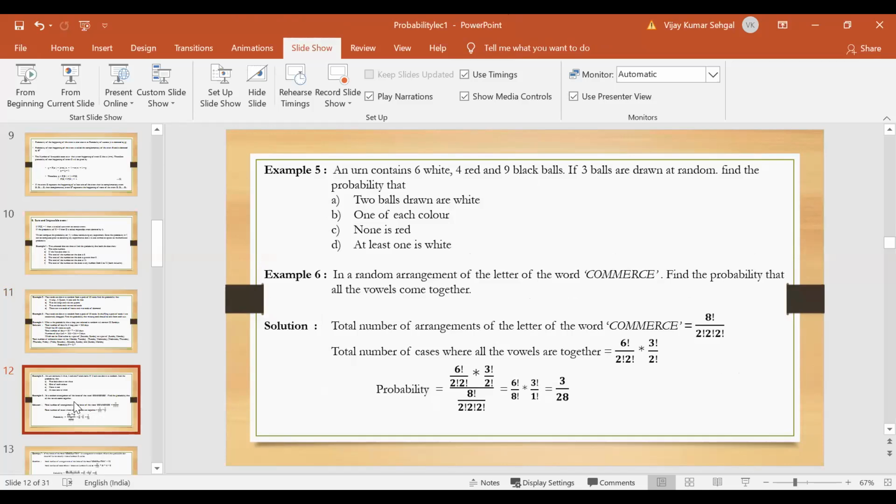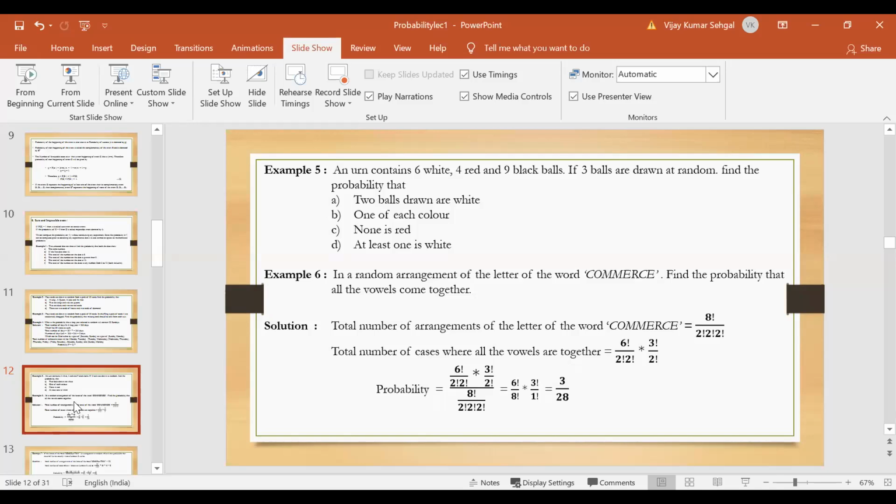When we draw balls from the box or urn, we first calculate the total number of balls. Total is 6 white plus 4 red plus 9 black, so 6 plus 4 is 10, plus 9, 19 balls. Total balls in the box are 19.